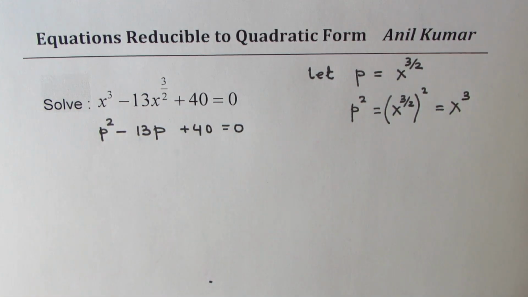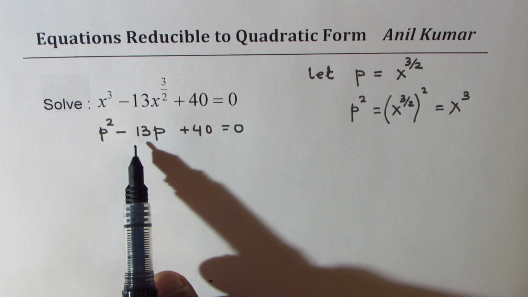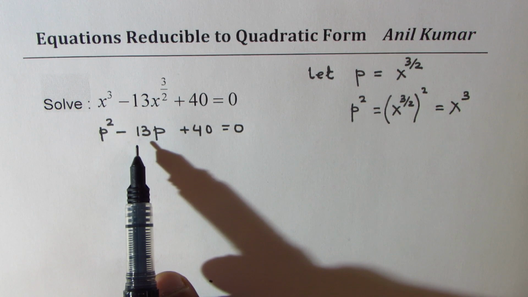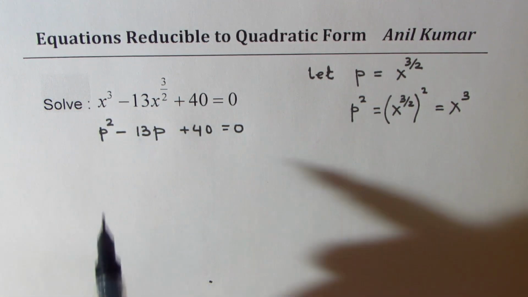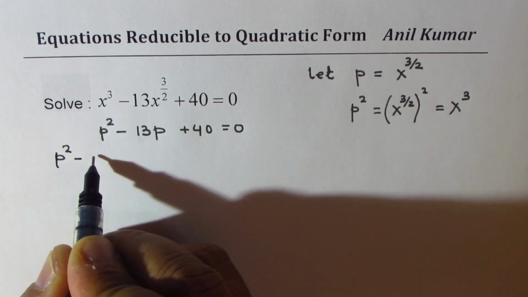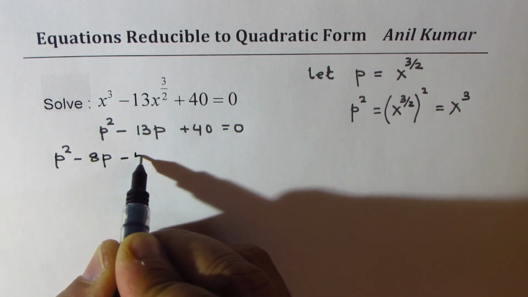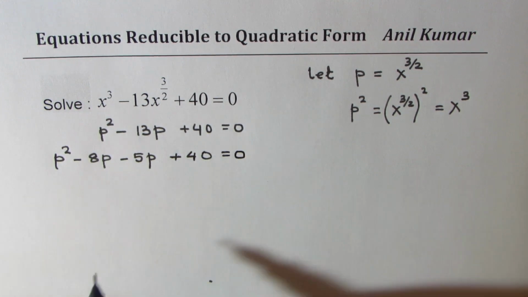Now this is a simple quadratic equation which we can solve by factoring. We're looking for a product of two numbers to be 40, sum minus 13. So we could take two negative numbers, 8 and 5. 8 times 5 is 40, and when you add you get 13. So we'll split minus 13p as minus 8p minus 5p plus 40 equals 0.